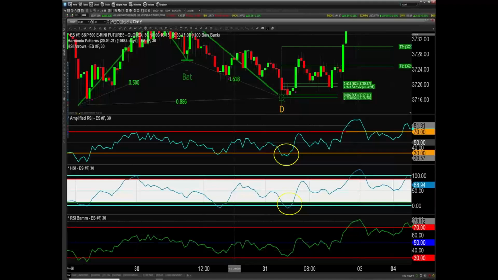Now, I prefer triple. And here on the bottom, RSI didn't get there. Fell just shy. That's all right. But there's enough there with HSI, because HSI is the key, and we do have a pattern that we look at as a reaction.